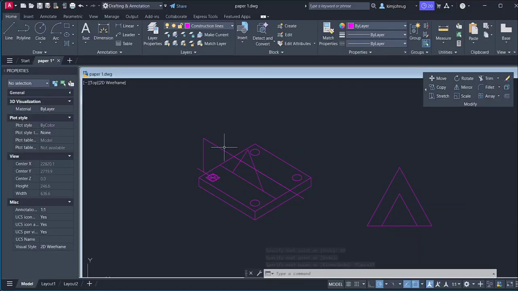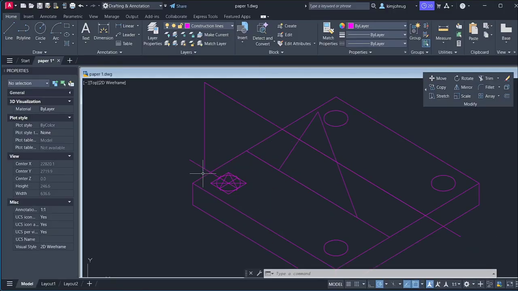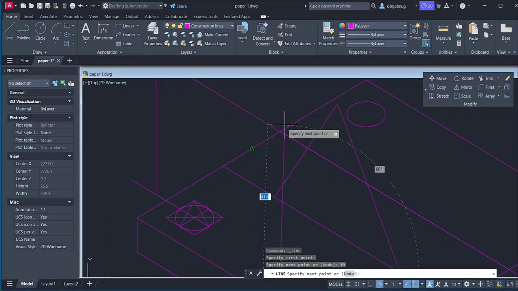The good thing, it is also along the center. So how can I determine the center? I can just move this line along here, move it along the distance of 10, and then move it up 90.